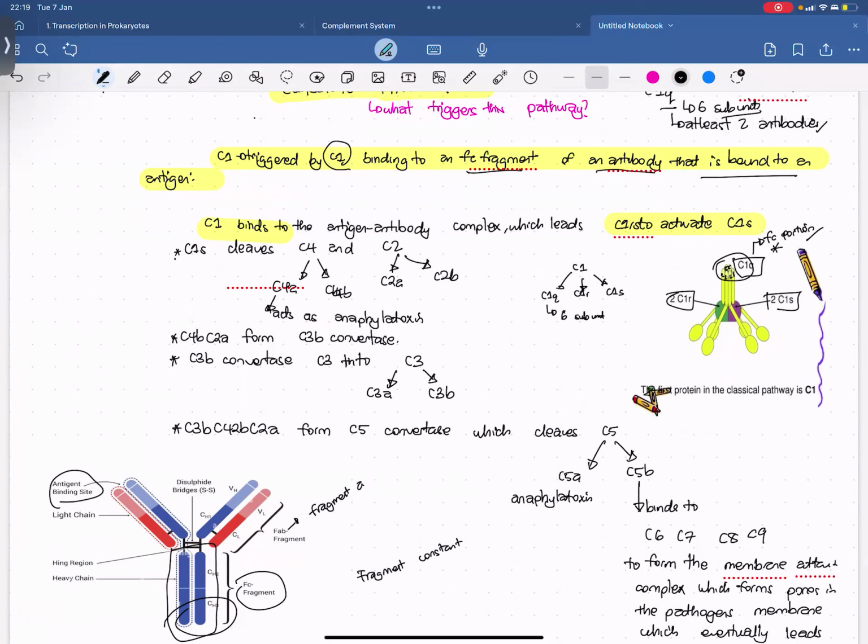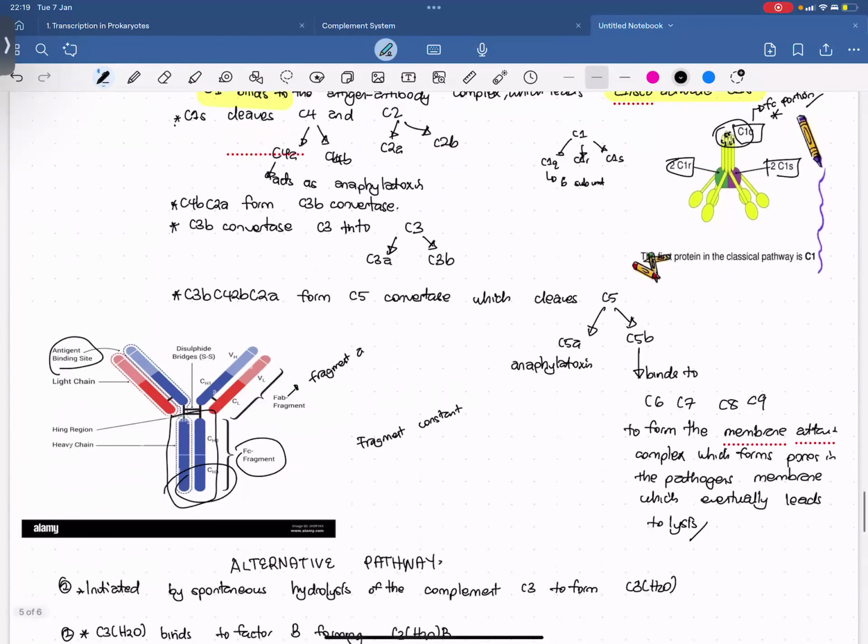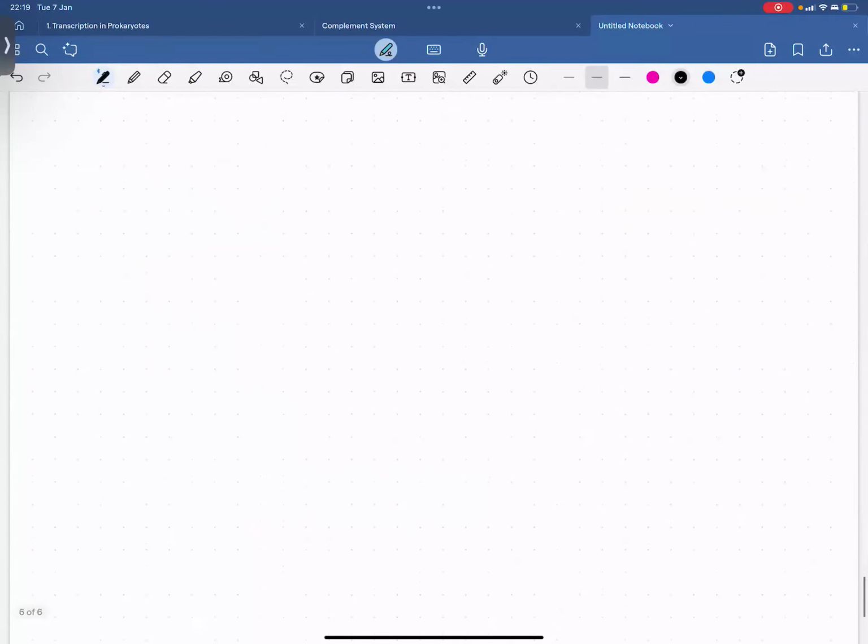So what happens? Let me just get another page. So we have said C1 is bound to the Fc portion or fragment of an antibody bound to an antigen.